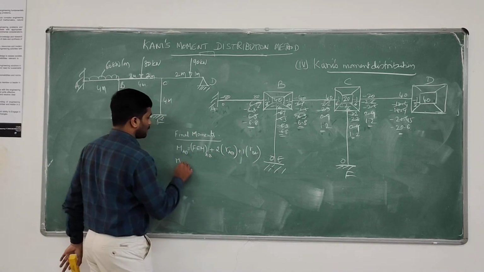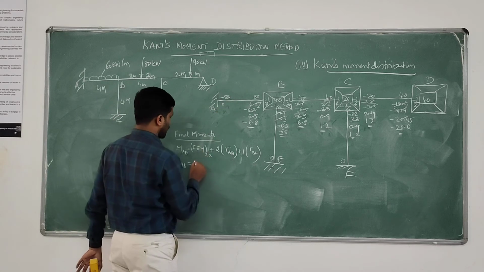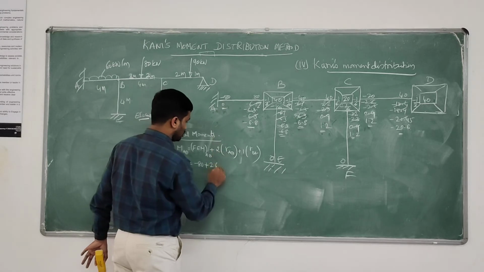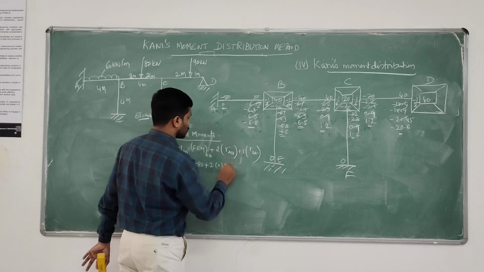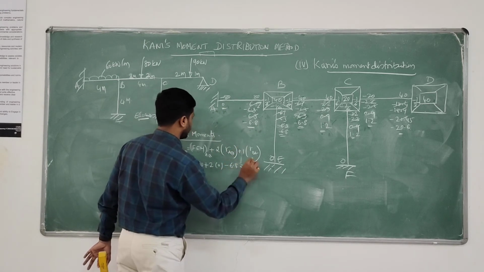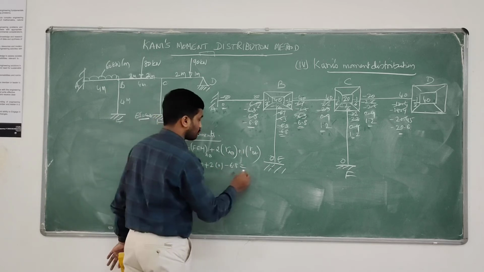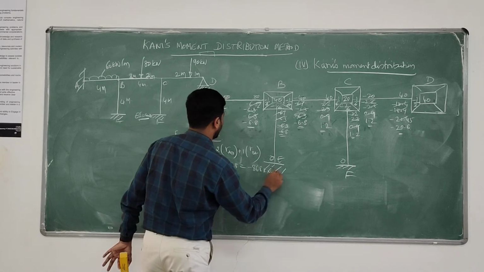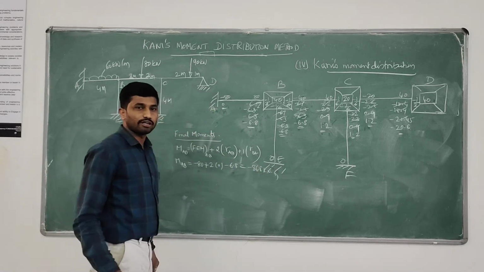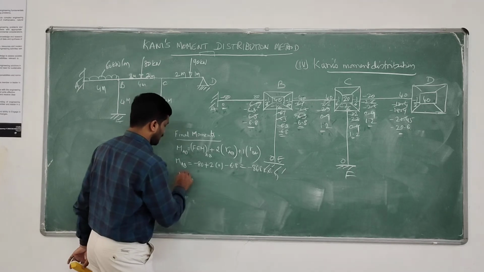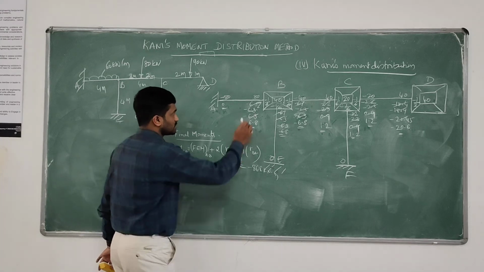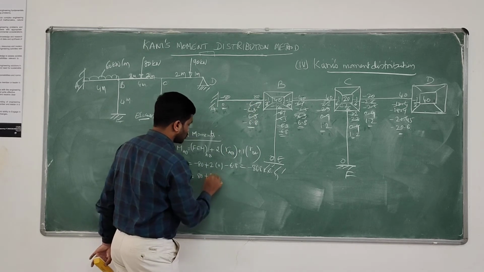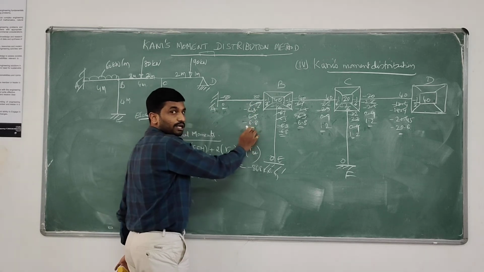So MAB equals FEM, that is minus 80, plus 2 times the rotation contribution of AB, which is 0, plus 1 time the rotation contribution, which is minus 6.8. So minus 80 minus 6.8 becomes minus 86.8 kilonewton meter.